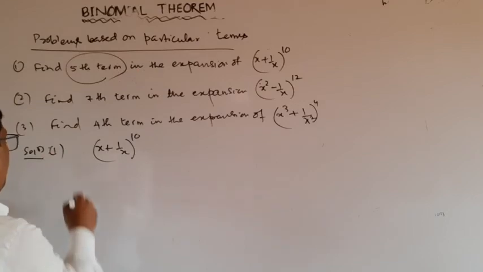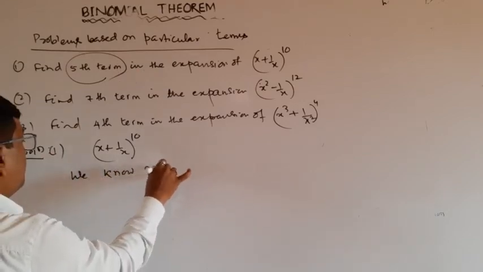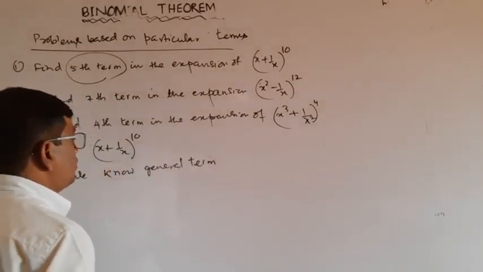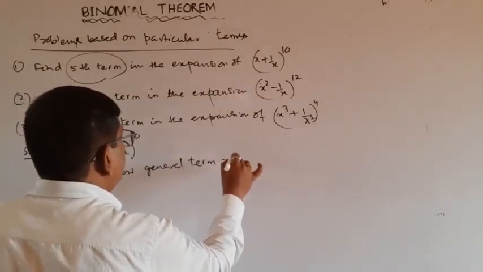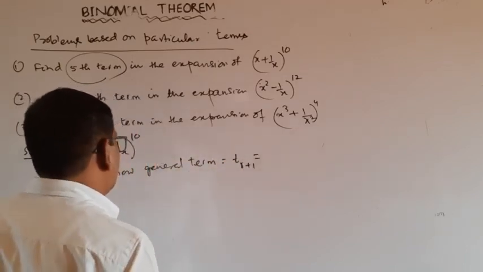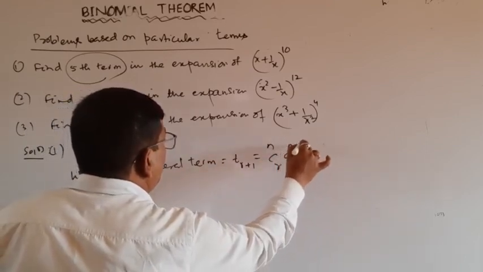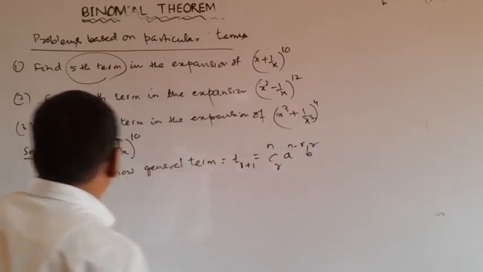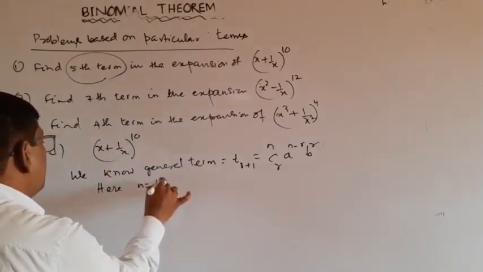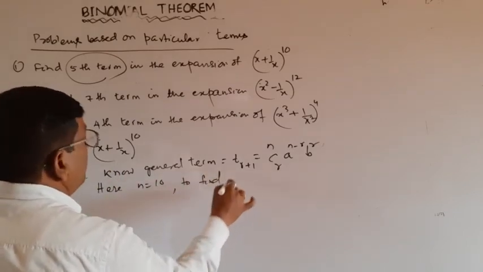Fifth term, we know the general term, that is T(r plus 1) is equal to nCr a to the power n minus r, b to the power r. For this, here n is equal to 10, and to find the fifth term.